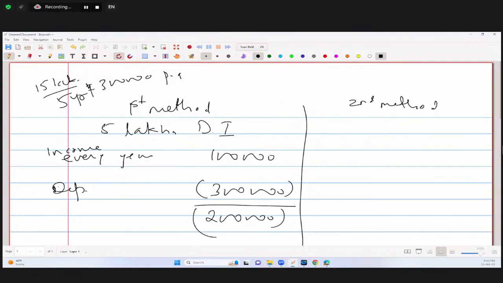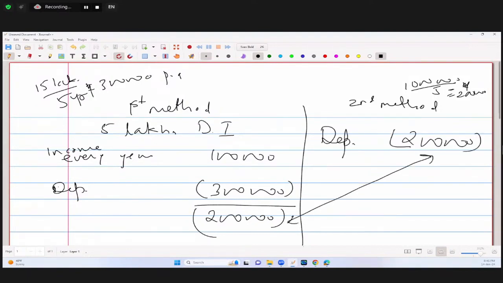You are not recognizing any deferred income, because you are reducing the cost of the asset. Your cost of asset becomes 10 lakh rupees, and when divided by 5 years, you get depreciation of 2 lakhs per annum. So you'll be charging only depreciation of 2 lakh per annum. So if you see, the net impact is the same.